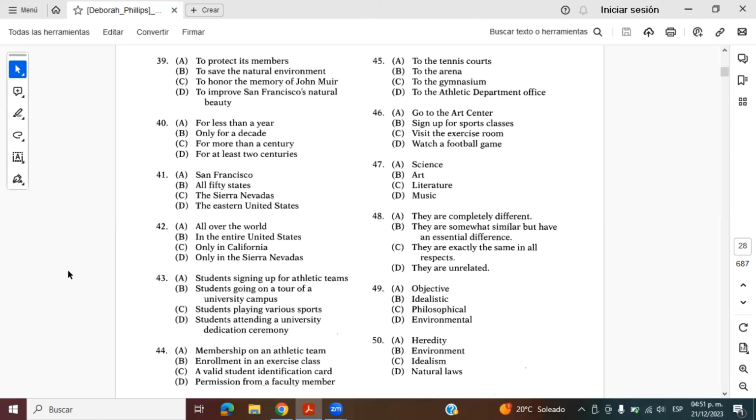Number 41. What area was John Muir especially interested in saving? Number 42. Where does the Sierra Club have members?